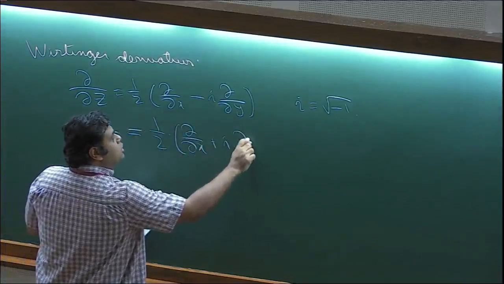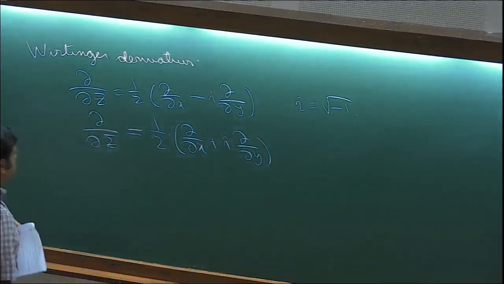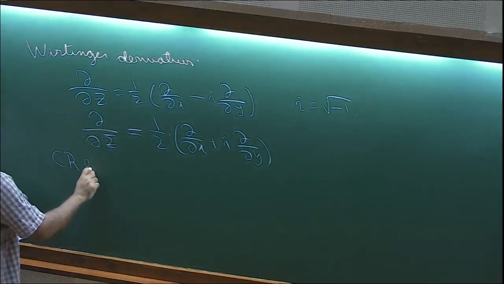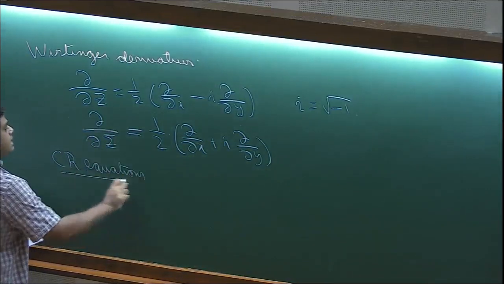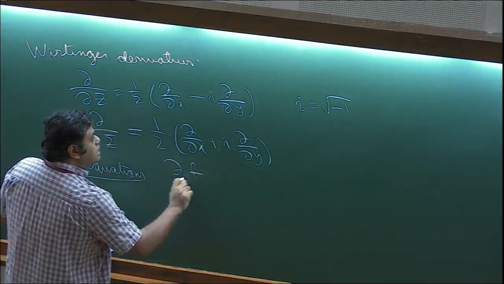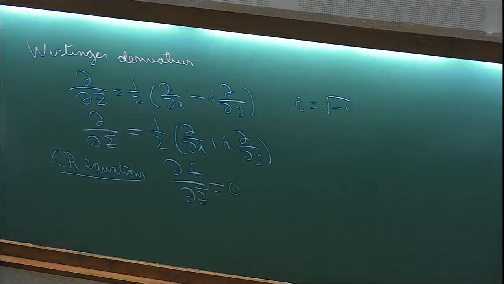And once you have introduced these, the Cauchy-Riemann equations take the compact form df over dz bar equal to 0.